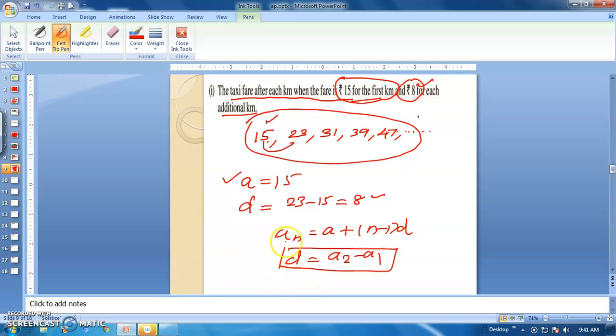So the first term, second term are denoted by a1, a2, a3, etc. So a1 is 15, a2 is 23, a3 is 31, a4 is 39, and a5 is 47, etc. Generally we can denote the AP as a1, a2, a3, ..., an like that. So the given situation is an AP.